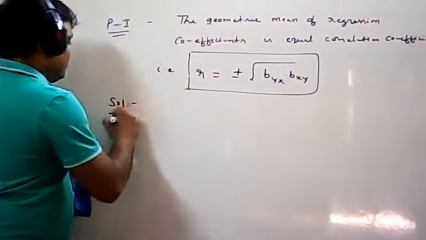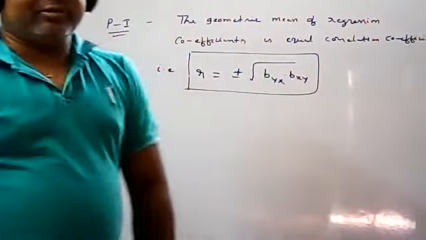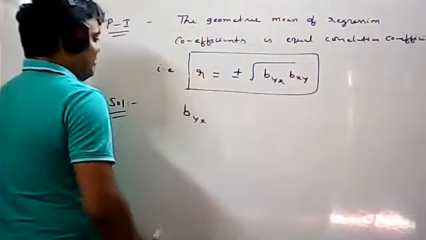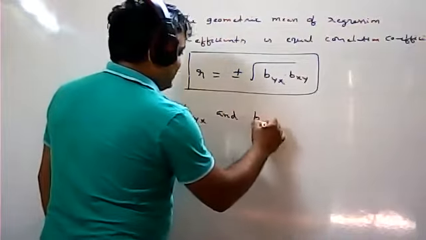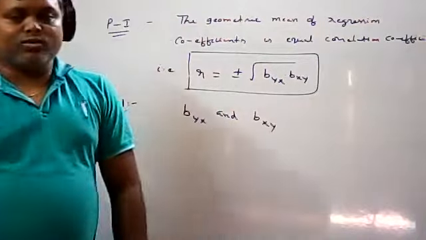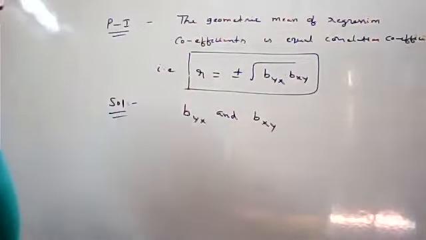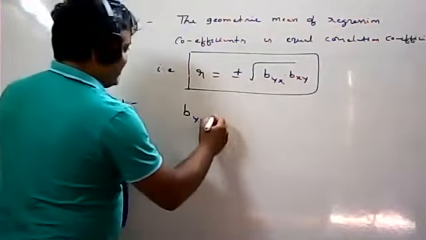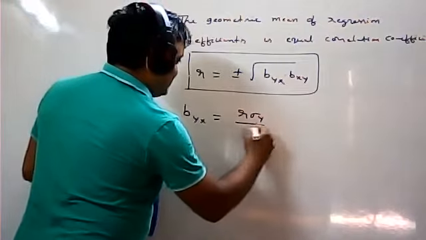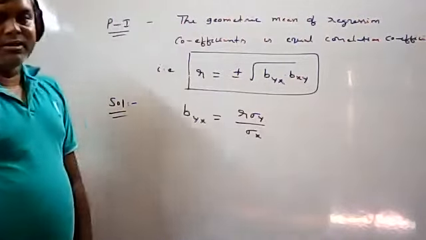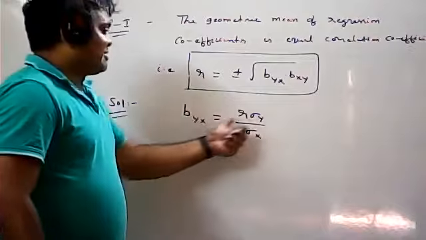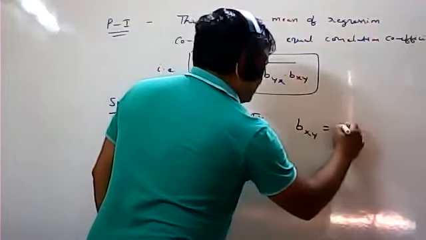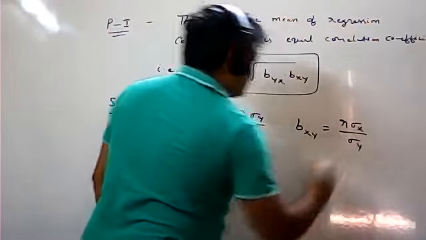We know that regression coefficients are denoted by Byx and Bxy and are given by Byx equal to r sigma y by sigma x. You can use any one of the formulas, so I will take this one. And Bxy equal to r sigma x by sigma y.